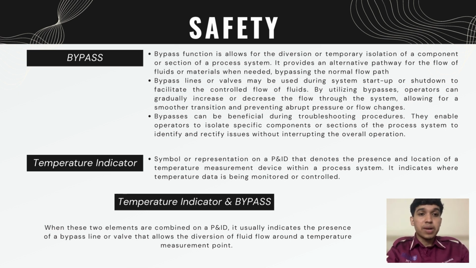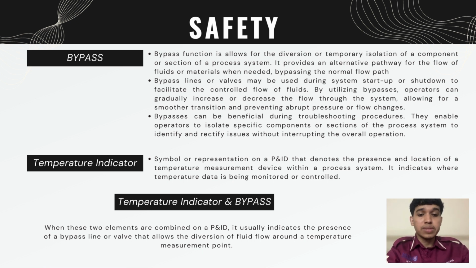And also at bypass, we also have a temperature indicator. We know that a temperature indicator is a symbol or representation on a PNID that denotes the presence and location of a temperature measurement device within a process system. It indicates where temperature data is being monitored or controlled.